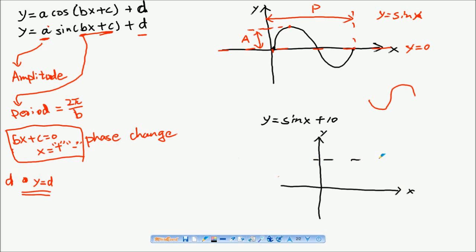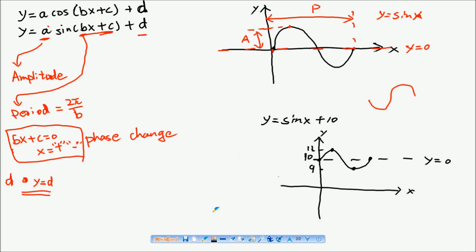So y equals 10 is your neutral line, and the graph would look like this. Your amplitude is 1, so your maximum point is 11, and your minimum point has a y value of 9, which is 10 plus the amplitude and 10 minus the amplitude.